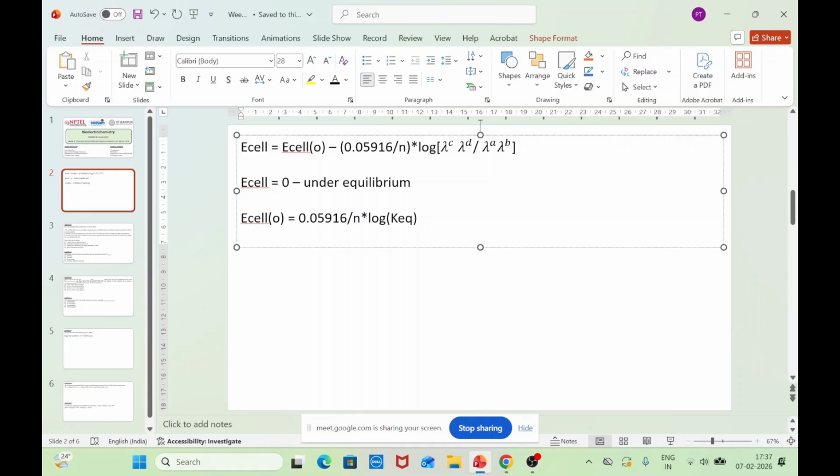So at equilibrium, as I said previously, the cell will not be able to produce any energy, resulting in what we call a condition that the cell is dead.